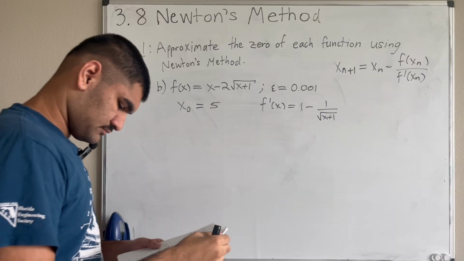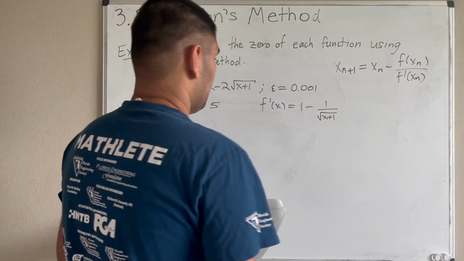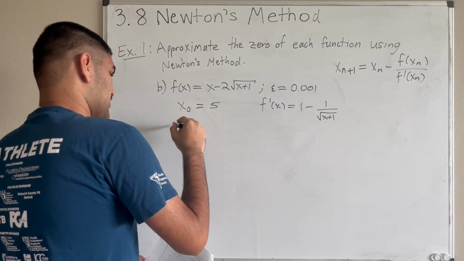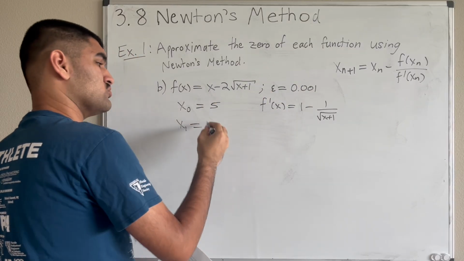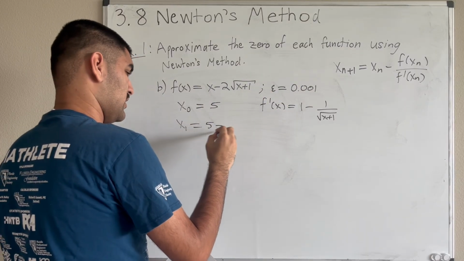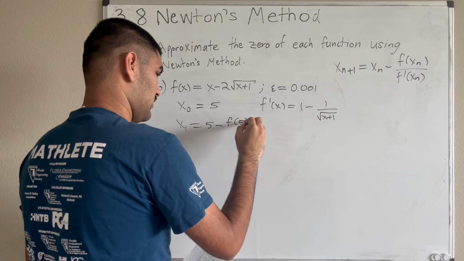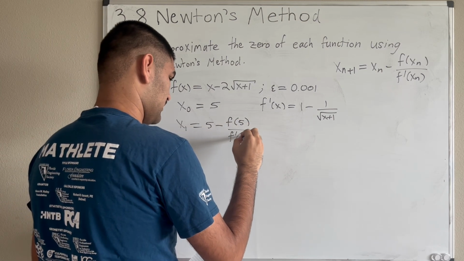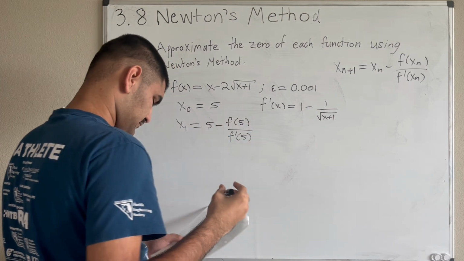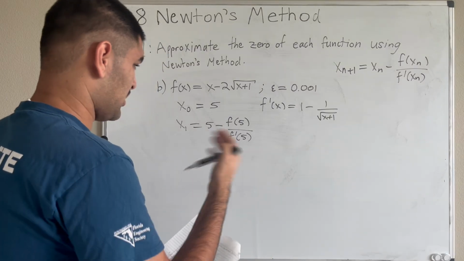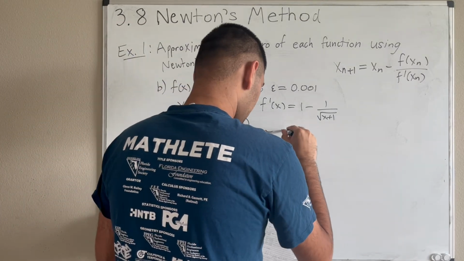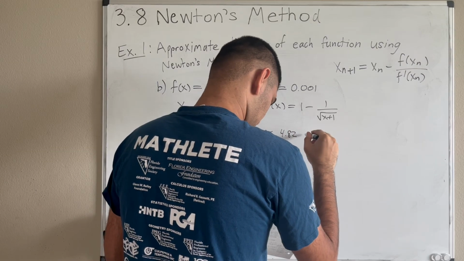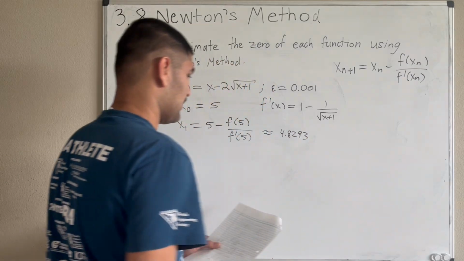Okay, very good. So now let's find x1 using our formula. We have x1 is equal to x naught, which is 5, minus f of 5 over f prime of 5. If you put this into your calculator, you get a value of approximately 4.8293.